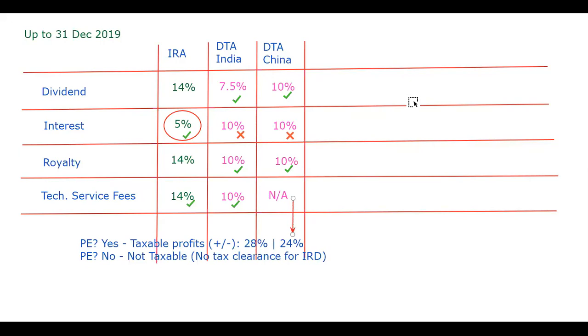Then I will draw a separate line with the new changes, with effect from 1st Jan 2020.